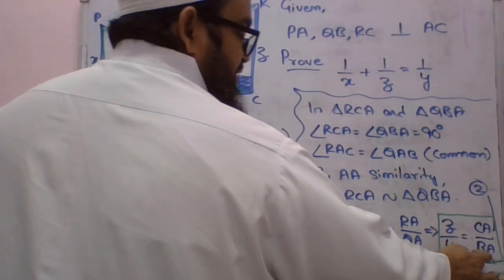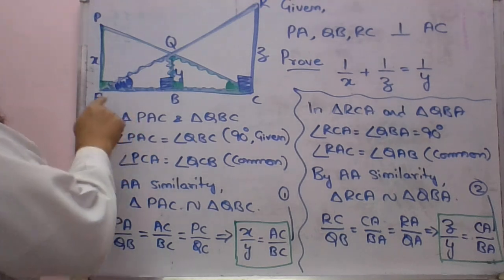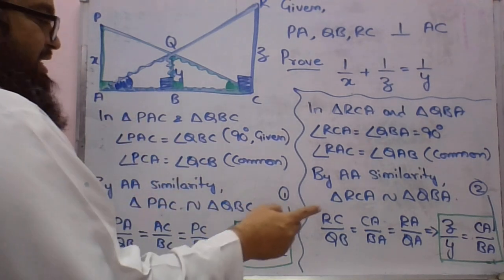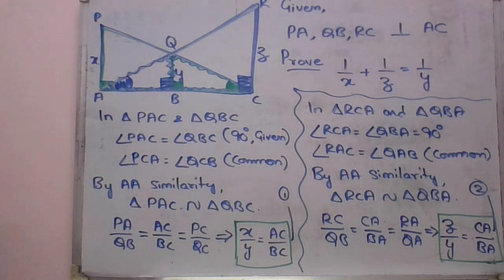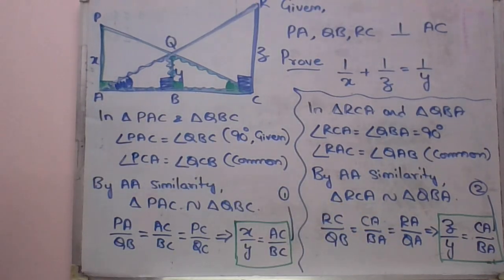BC, but it is BA. So what is the relation between BA and BC? I don't have BC and BA, right? So let me do something with this.